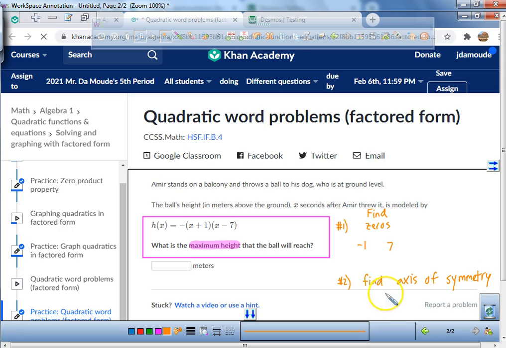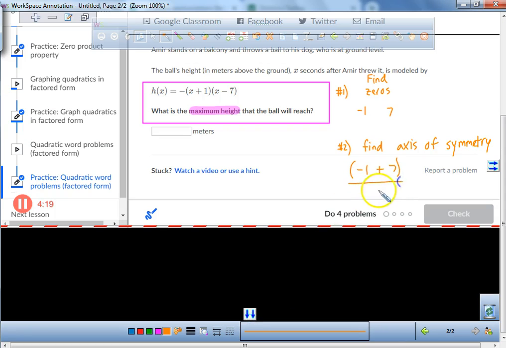We're going to take -1 plus 7, and divide that by 2. So we get 6 over 2. So what's our axis of symmetry? 3. Good, very good. So once you get the axis of symmetry, literally all you have to do is take this number and plug it back in.